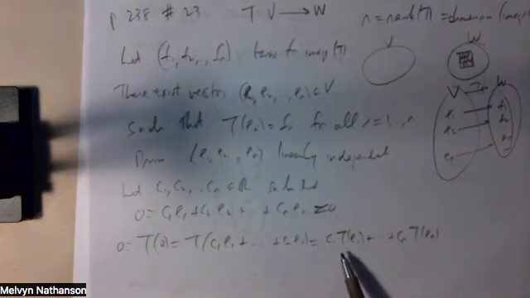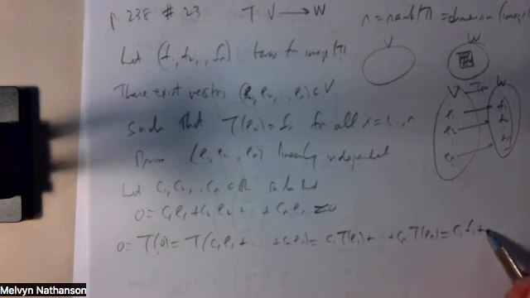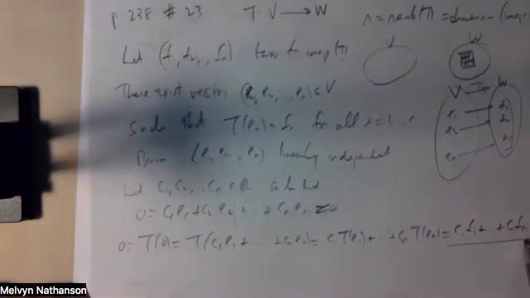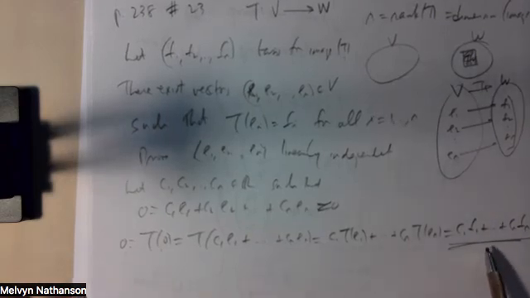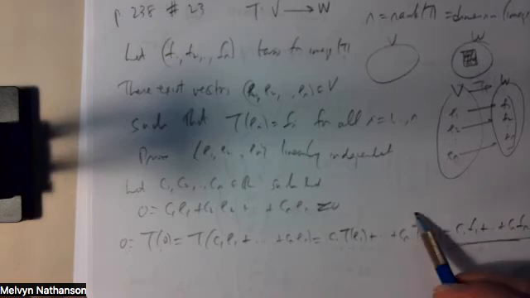But each of these is the vectors F1 up to FR. This is C1 F1 and so forth up to CR FR. So I have a linear combination of the vectors F1 up to FR equal to 0. But these vectors are linearly independent.